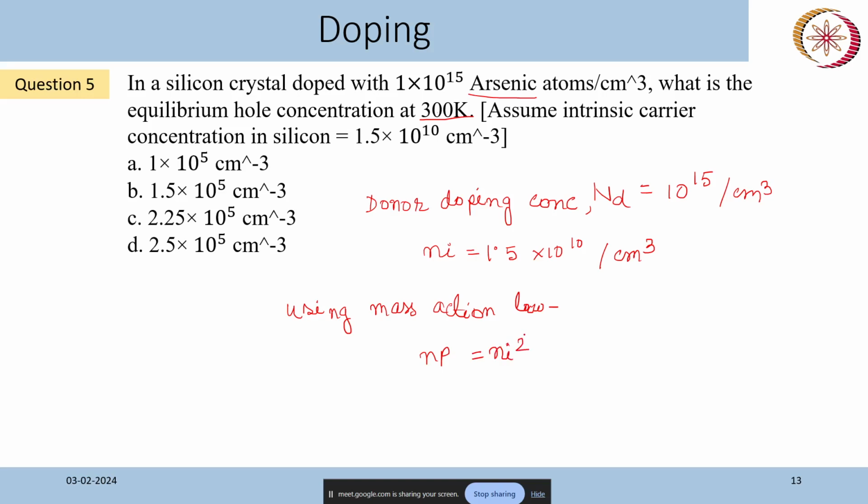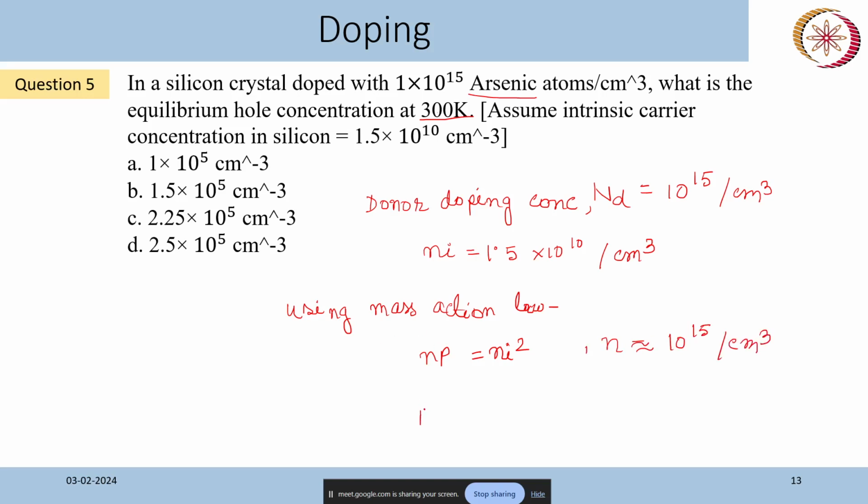at 300 Kelvin, most of the dopant atoms will be ionized. So we can consider electron concentration is approximately equal to 10 to the power 15 per centimeter cube.